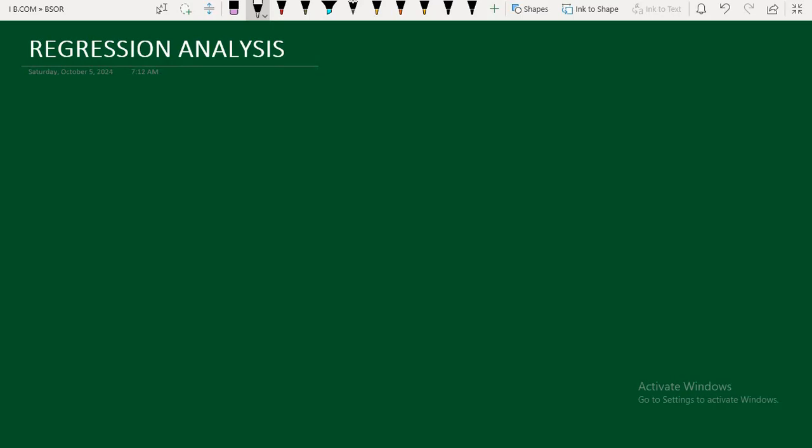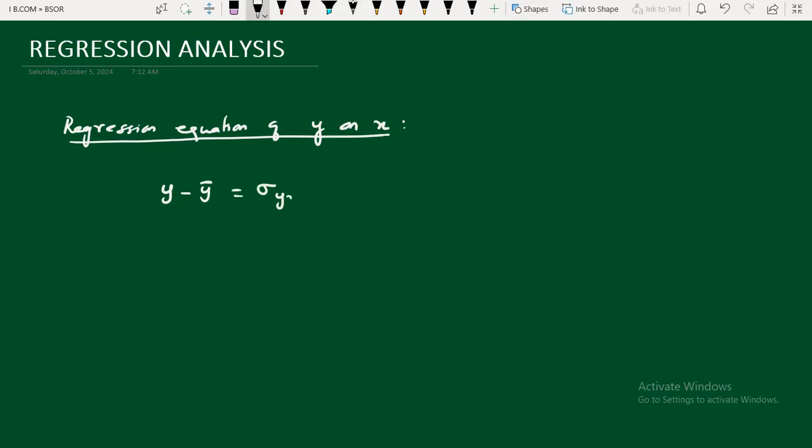So naturally we have two varieties of regression lines. The first one, regression equation of y on x. It is y minus y bar equals sigma yx into x minus x bar.